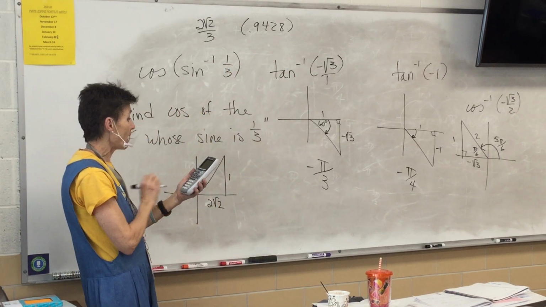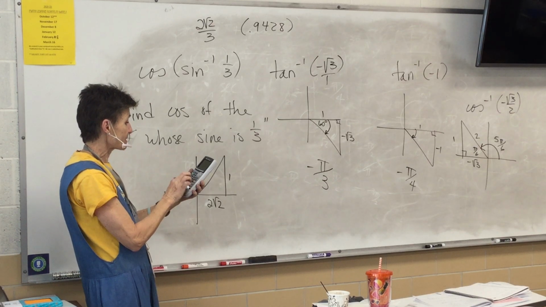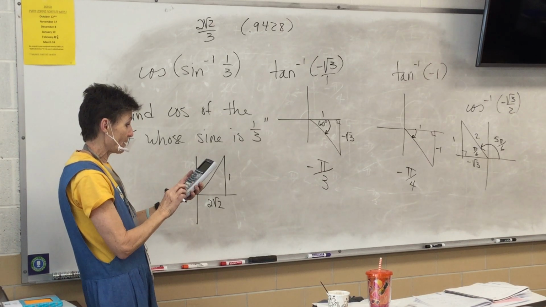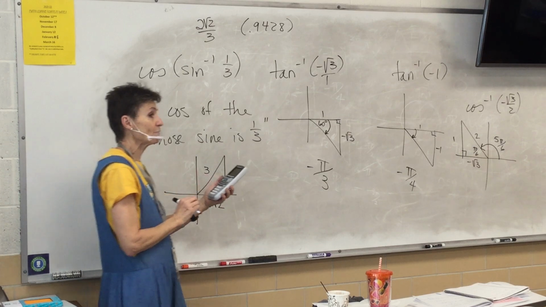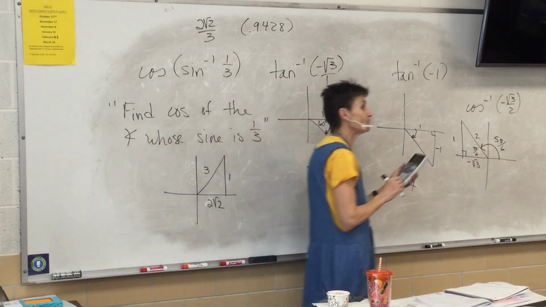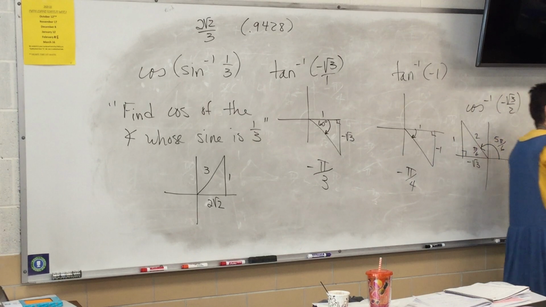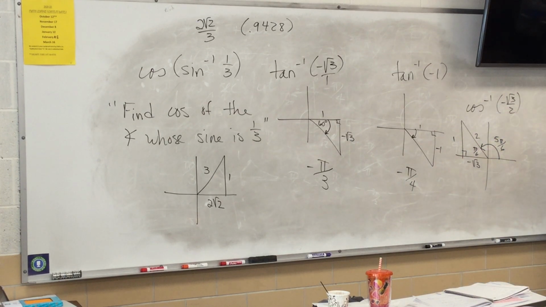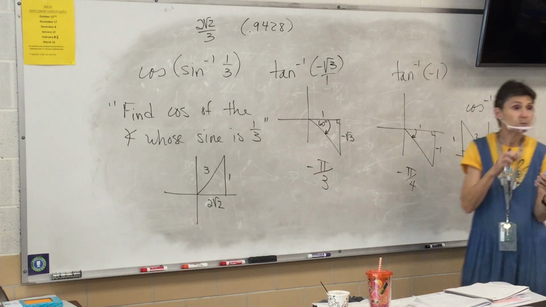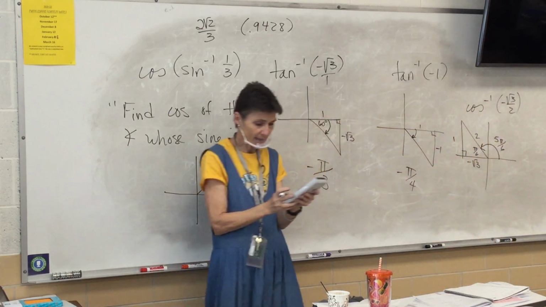So type cosine, second sine, 1 divided by 3. You do not need to add any parentheses, the calculator does it for you. Cosine, second sine, 1/3, and did you get 0.9428? Yes. So that's how you would do it on the calculator. We did it by hand.